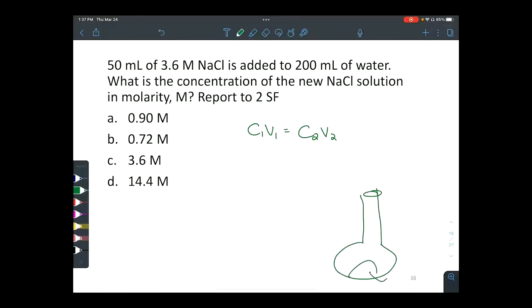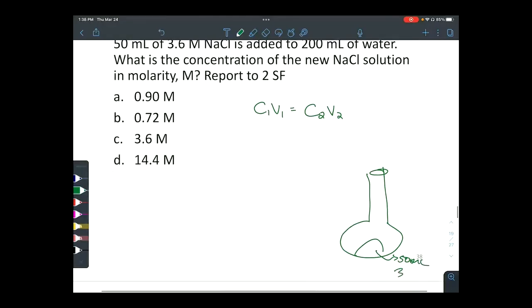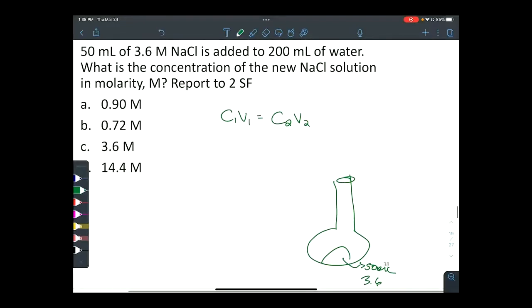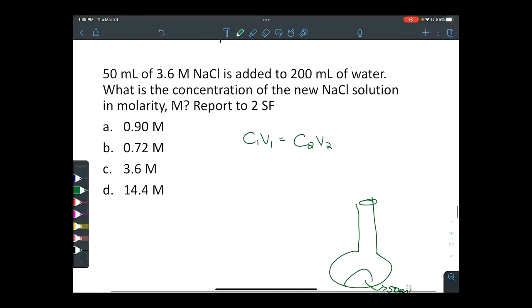We start with 50 milliliters of our 3.6, and we're adding water to it. In this case, 50 milliliters is the volume, specifically V1. Because 3.6 is our concentrated solution, I'm going to call that C1.